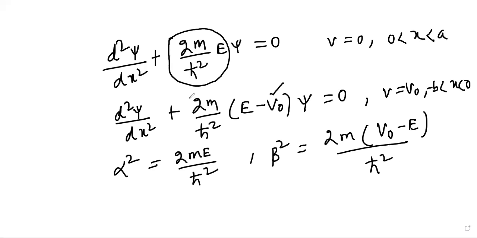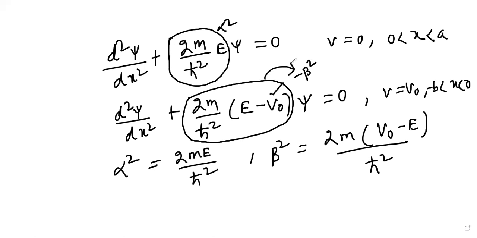So here we can substitute alpha squared for 2m by h bar squared E, but in the other equation we have V0 minus E, so we can substitute minus beta squared for 2m by h bar squared into E minus V0.